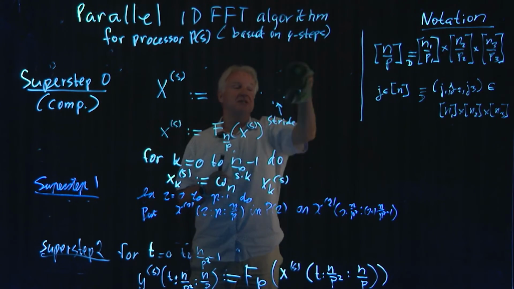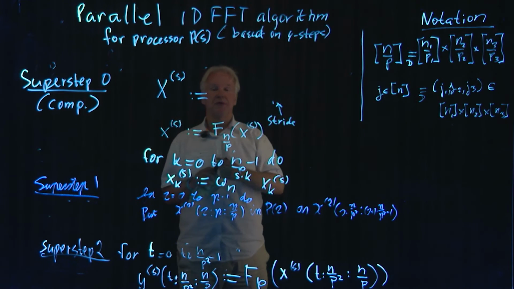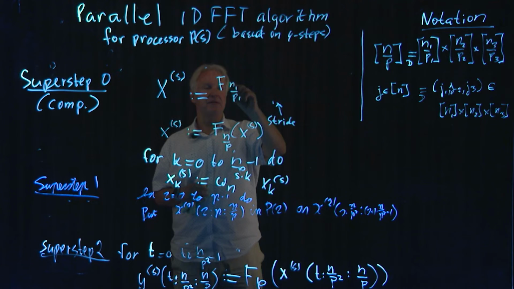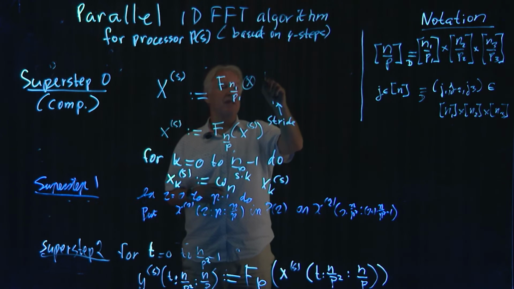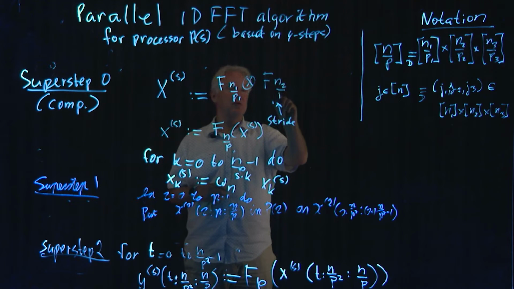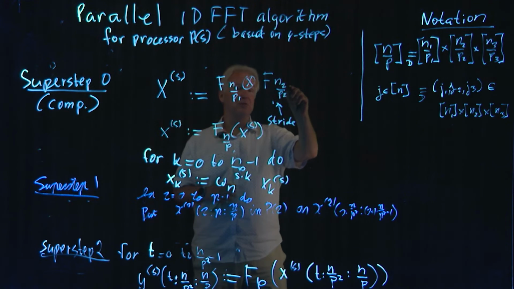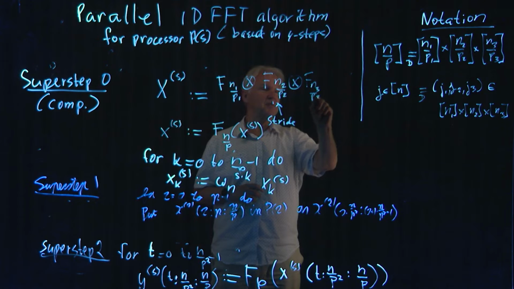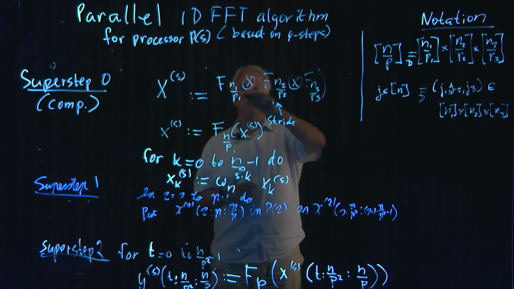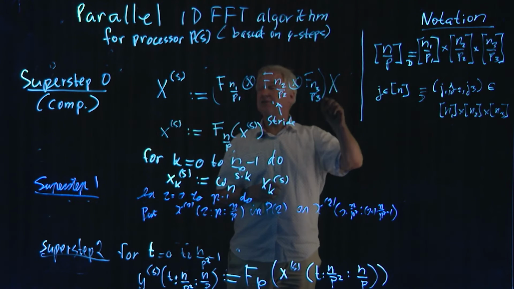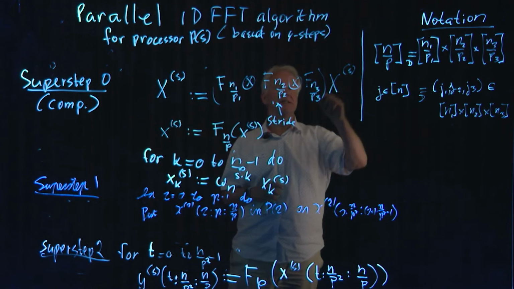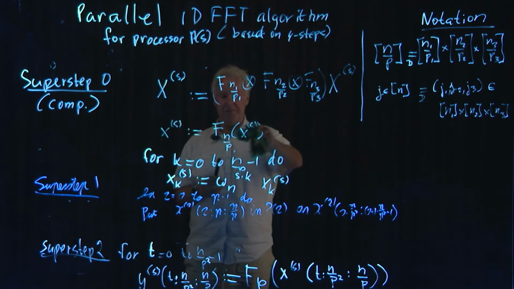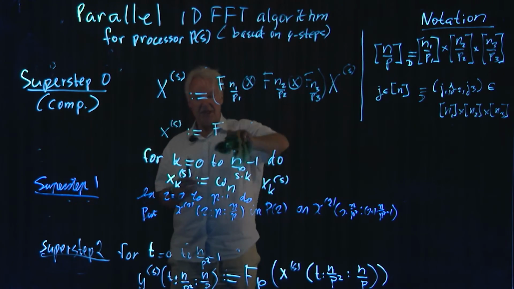We didn't give the notation yet, but what we do is a Fourier transform of length n1 divided by p1 in the first dimension, n2 divided by p2 in the second dimension, and then also the third dimension. And we execute this on XS, on the local part in the cyclic distribution. So that's what we had here. So we can wipe this out.